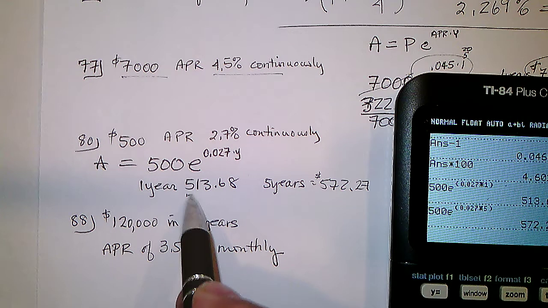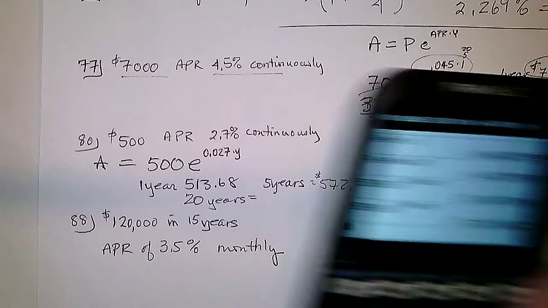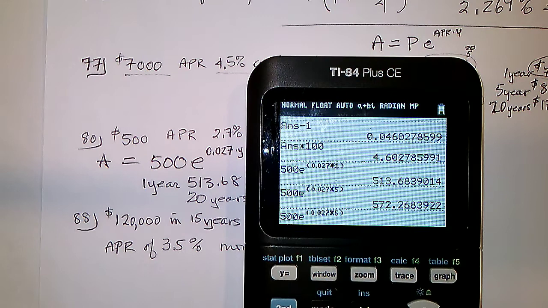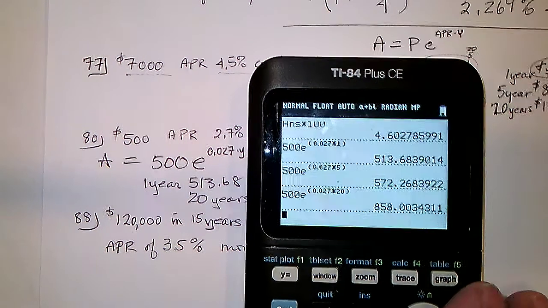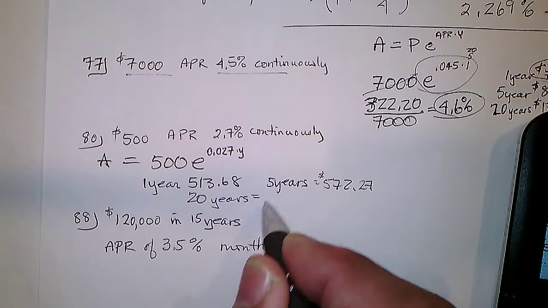And 20 years. Second enter, go back and change the 5 to a 20. $858.00.